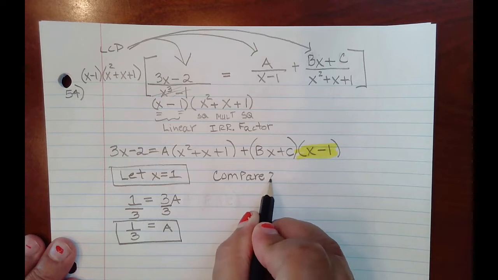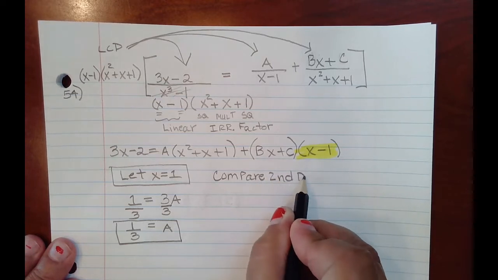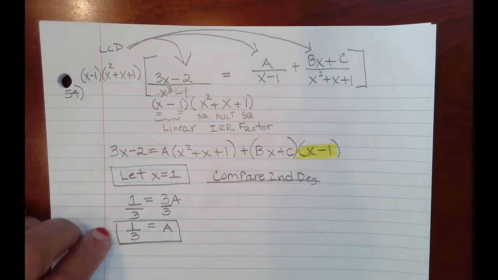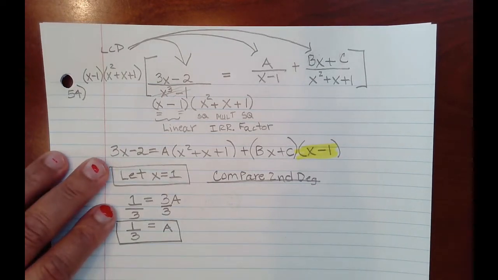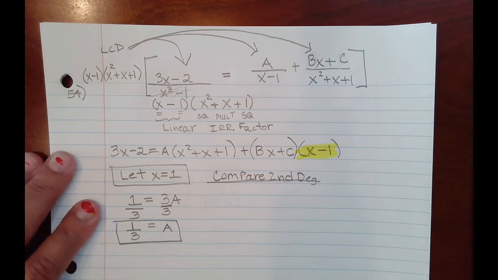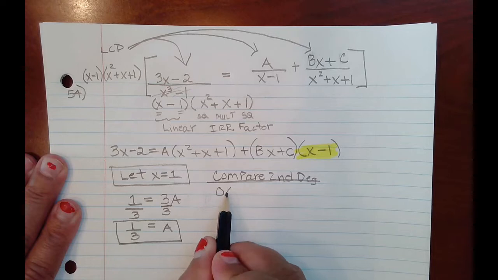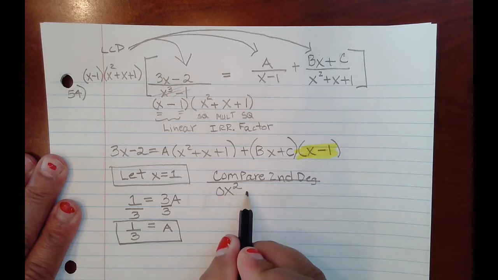I'm going to compare second degree, because it's the first term that evolves when you're in the foiling process over on the right hand side. On the left side, there is no second degree term, so we have 0 of the second degree term.